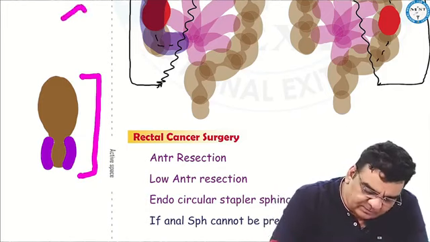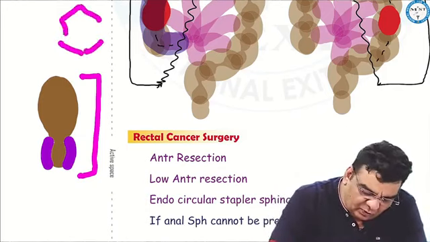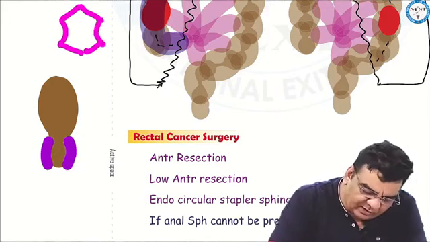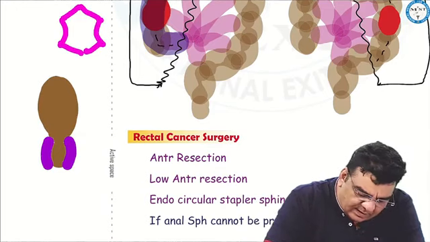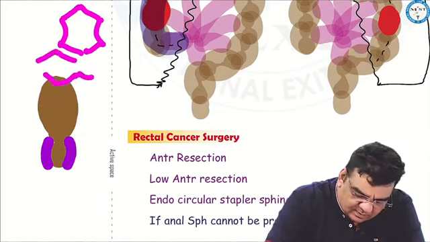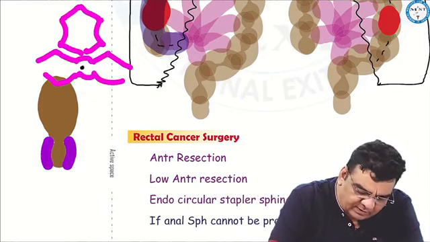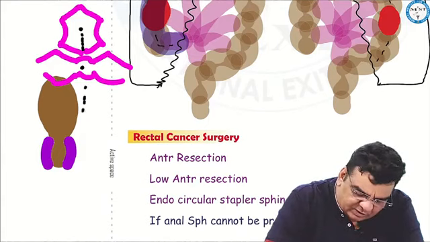To do this, we need 2 teams of surgeons. Here suppose is the anal opening. One team is working from the abdomen, trying to dissect the rectum from above.